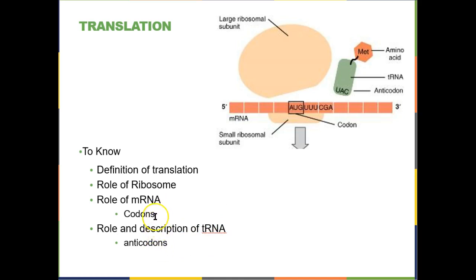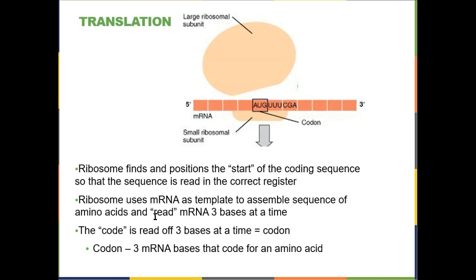So the first thing we're going to talk about is the mRNA and the codons. And I've changed these slides a little bit too, but it's still all the same material, so bear with me. When the mRNA gets shipped out to the cytoplasm, the ribosome always finds the same first 3 letters of the code. This is called the start codon. If you look here, there's some upstream untranslated mRNA. This mRNA is not used to make proteins.